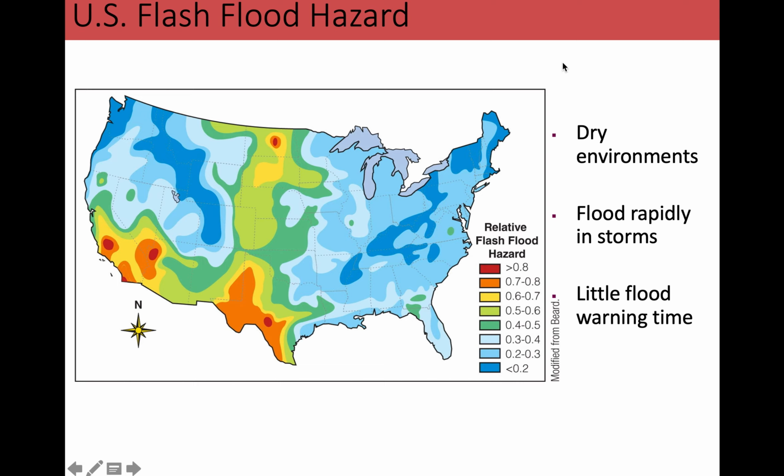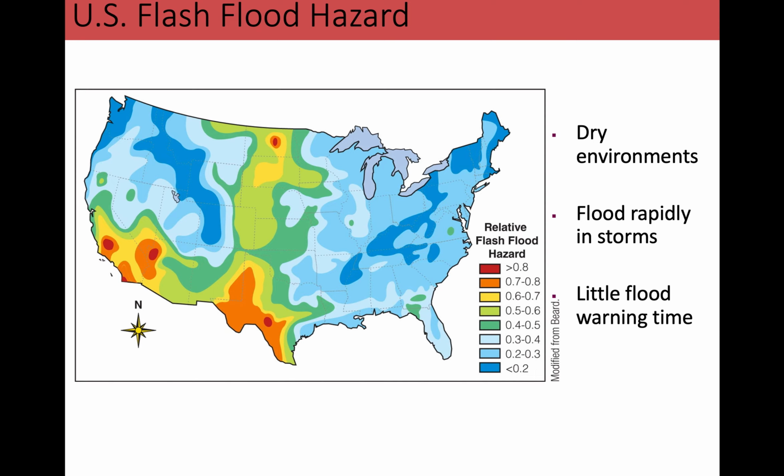So flash floods are much more common in areas that generally don't get rainfall and then get a storm. So it's usually dry environments that do have a surprise storm. This doesn't usually happen with a small sprinkle.